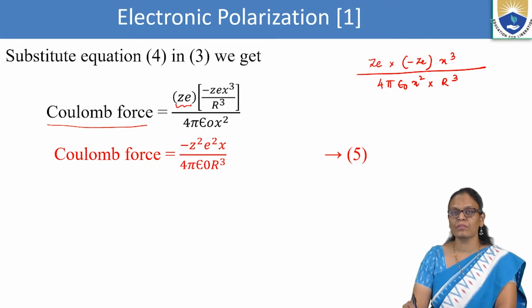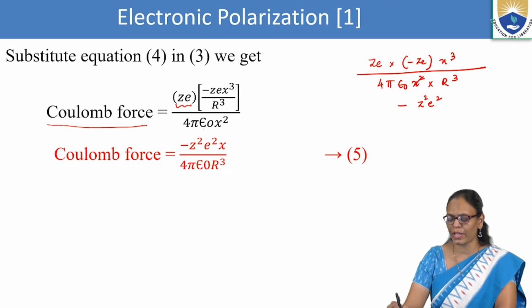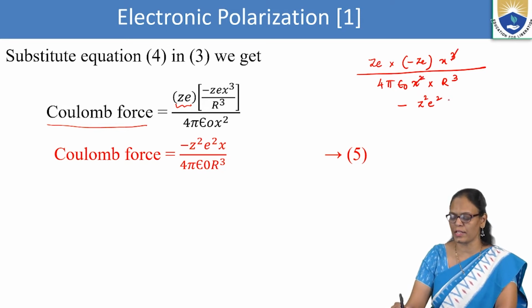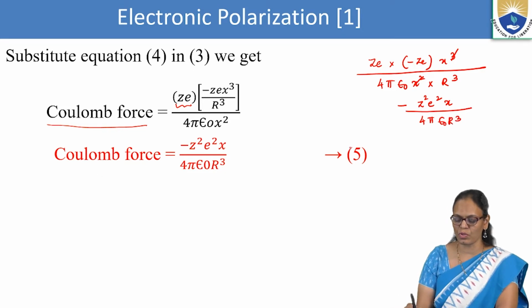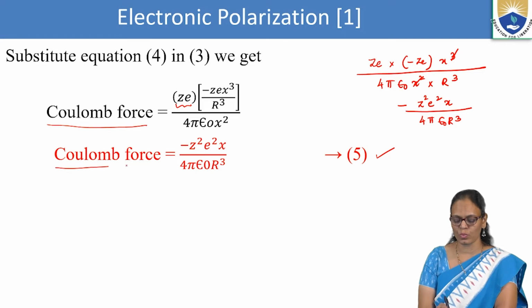So minus Z into minus Z, we'll have minus Z square e square. x square and x cube, they get cancelled and we have one x in the numerator upon 4 pi epsilon naught r cube. So this is the Coulomb force we are getting, minus Z square e square into x by 4 pi epsilon naught r cube.